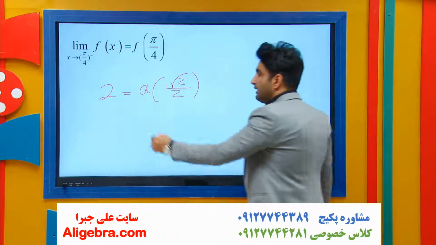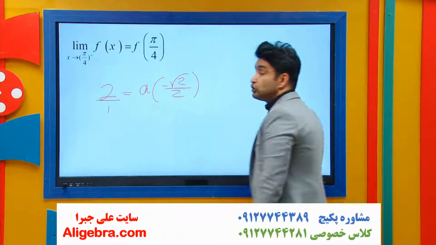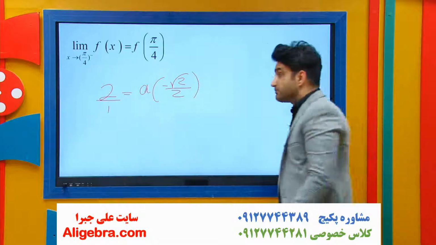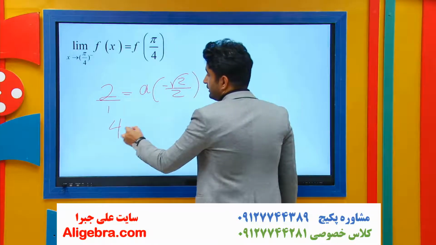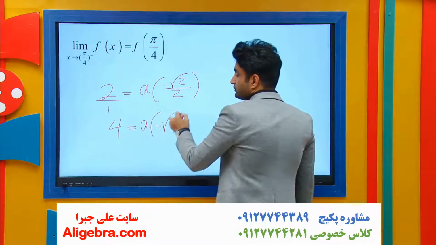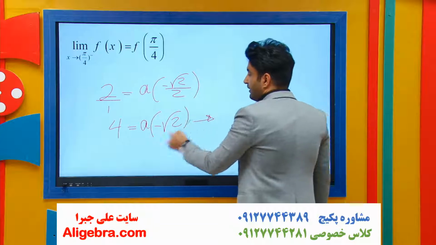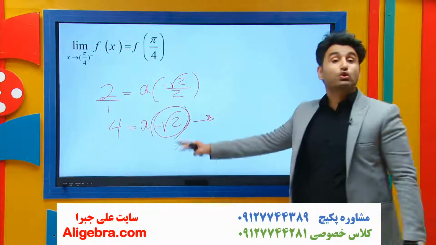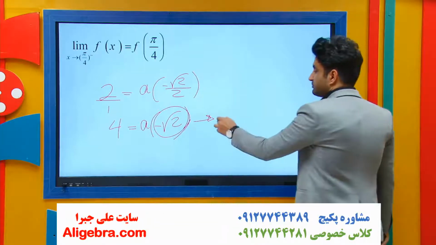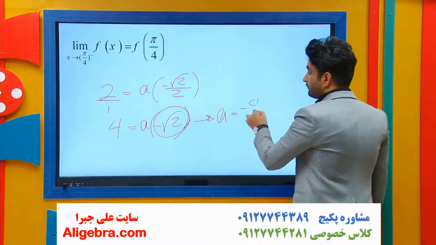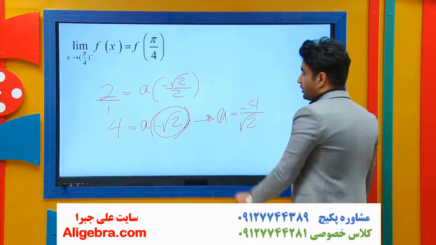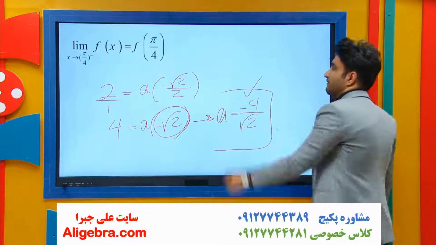Cross multiplying. The denominator of 2 is 1. If I cross multiply, I have 4 equal to a times minus the square root of 2. Now divide both sides of the equation by the coefficient of a, which means a equals minus 4 over the square root of 2. And that's the lovely answer.